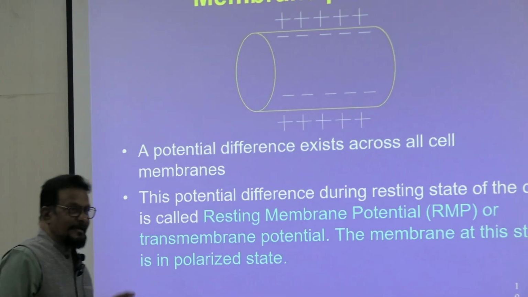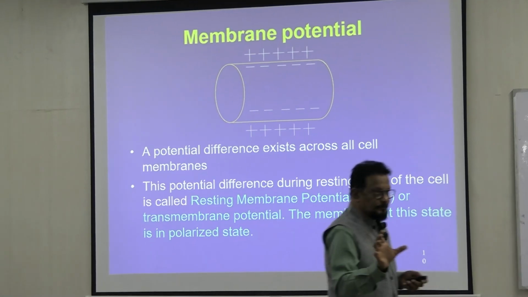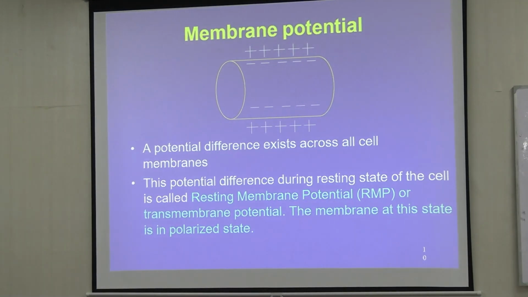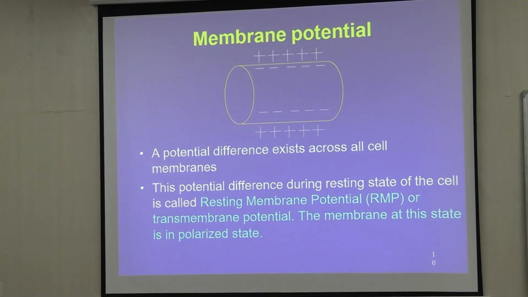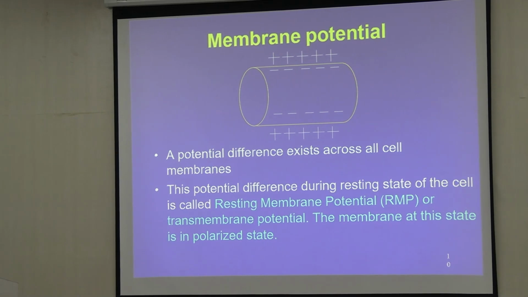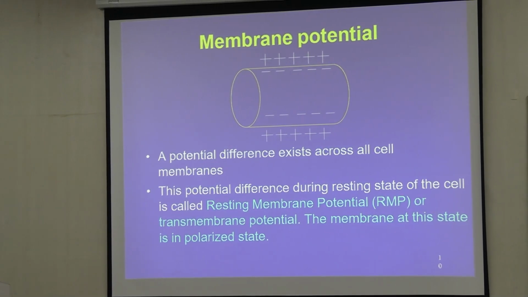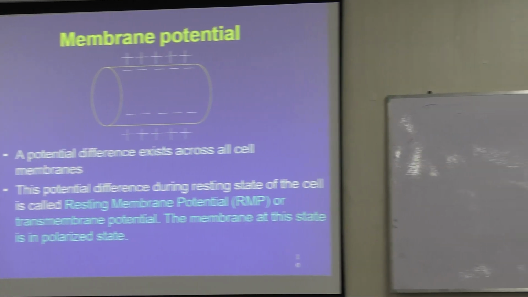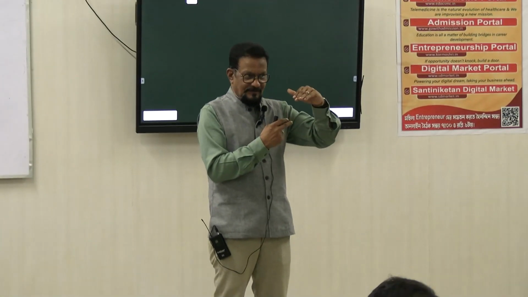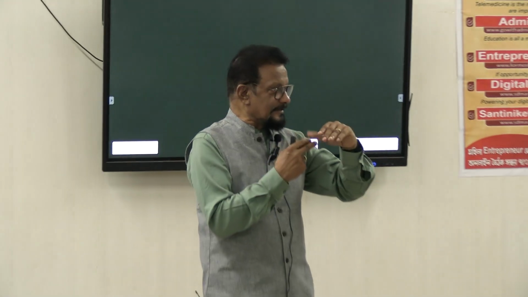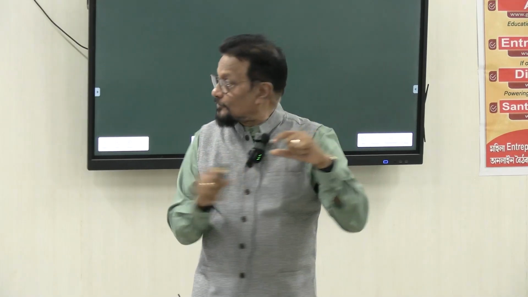As I said, it has another name also. What is the other name? Transmembrane potential. So don't be confused. The potential difference noted during the resting condition is called resting membrane potential, also called transmembrane potential.